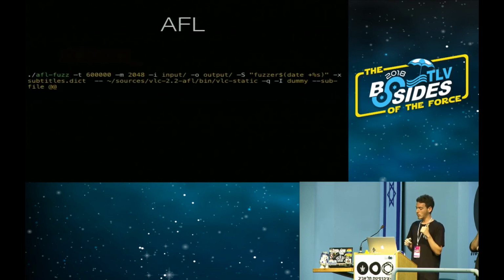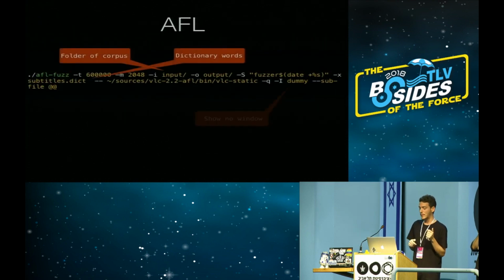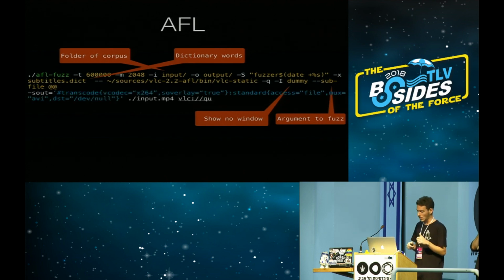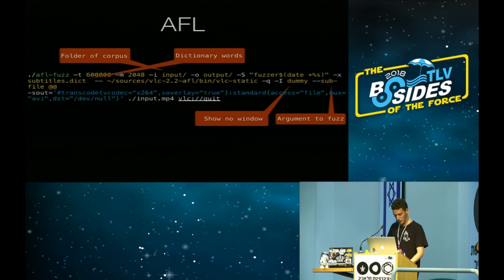We created the corpus and the dictionary, but our main obstacle was the fact that our fuzzing server simply had no GUI. So we overcame this challenge by using the transcode functionality. This option will make VLC convert a movie from one codec to another while attaching the subtitles, but presenting nothing, which was perfect for us.